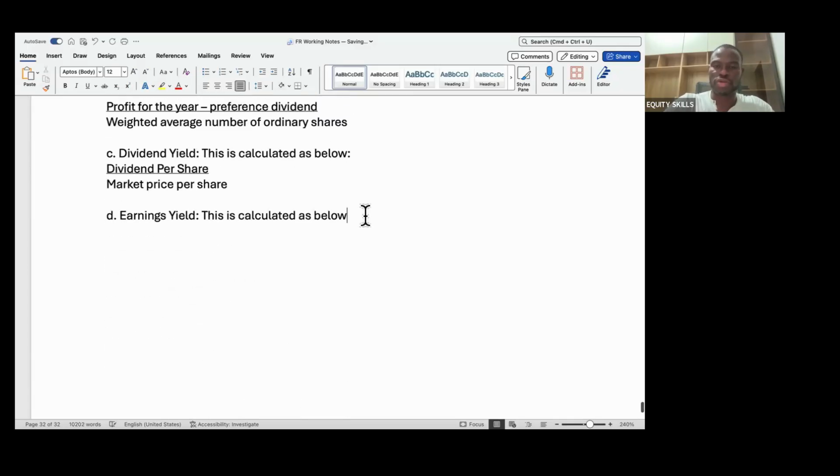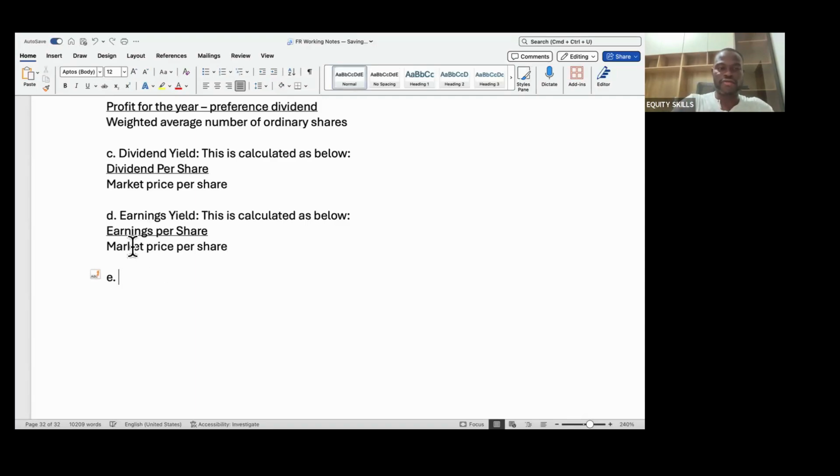So how do you then compute this? Again, it's computed as earnings per share divided by market price per share. That's your earnings yield.